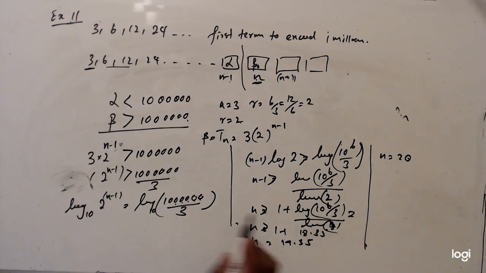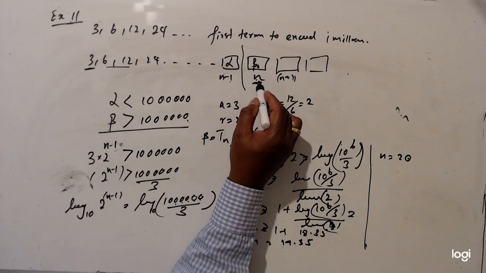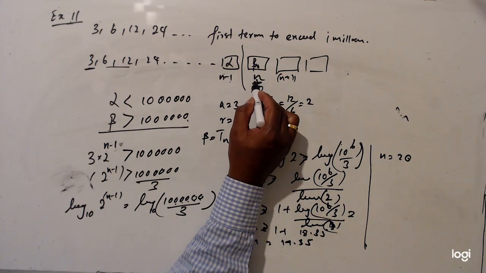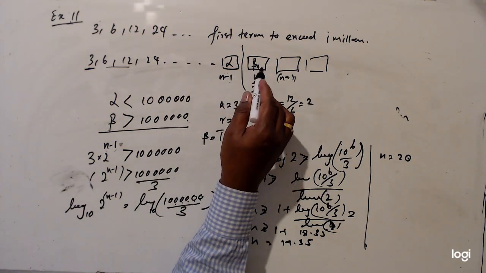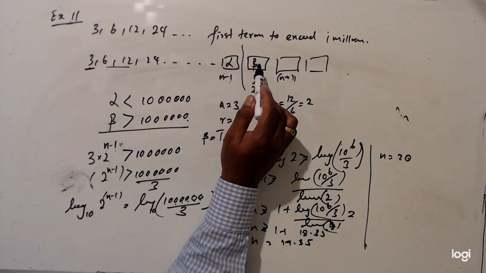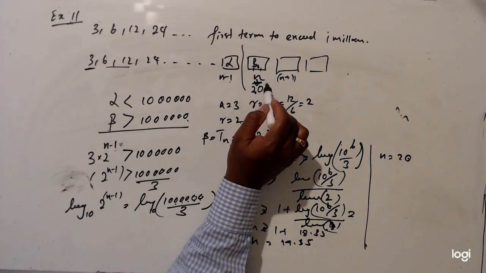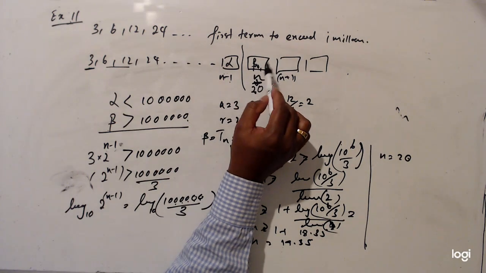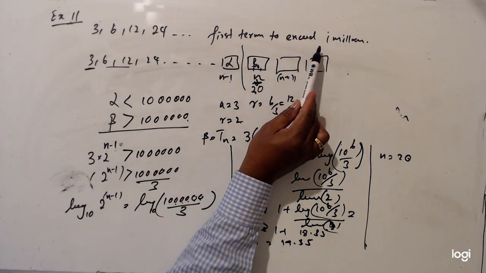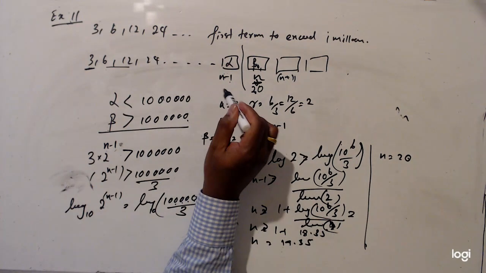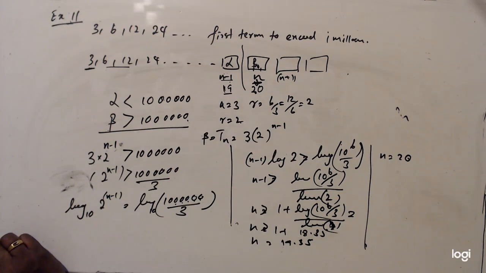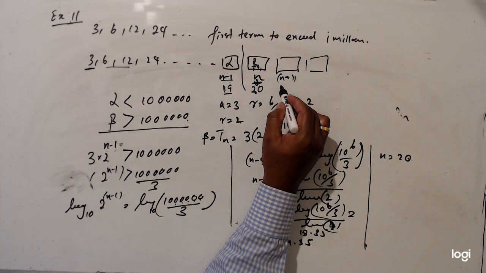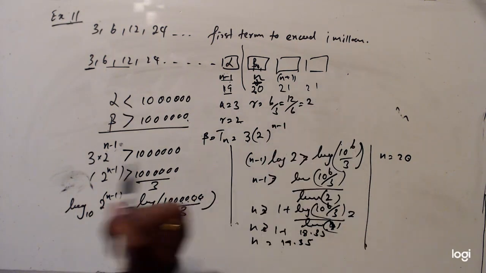So basically when n equals 20, the term 20 of this geometric sequence has a size more than 1 million. And the one before, n minus 1, 20 minus 1, 19, is less than 1 million. And all the terms after are greater than 1 million.